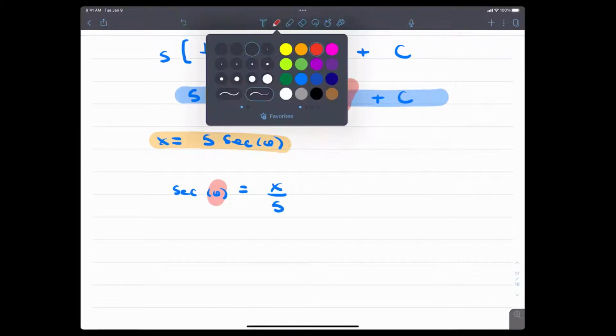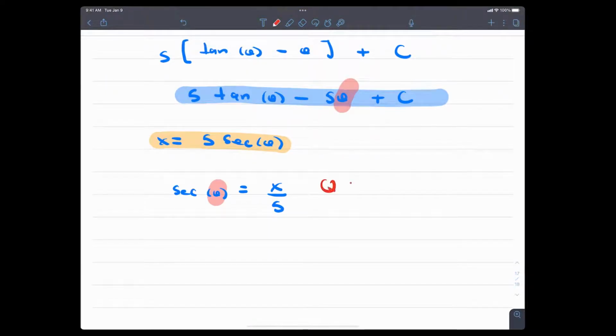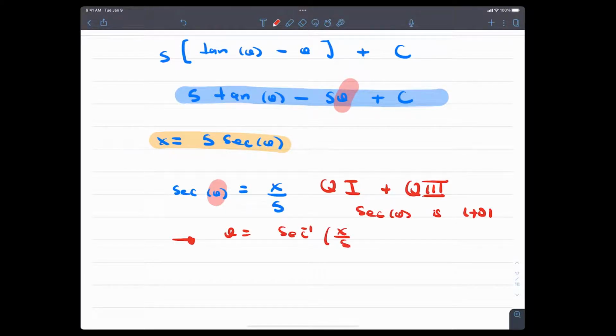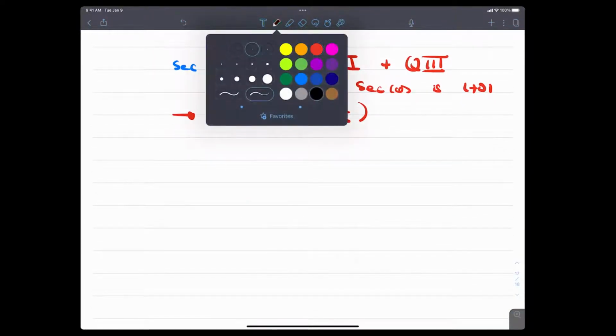Is that right? So I got to think, is it 1 to 1? I believe it is. So secant is 1 to 1, so that means theta will be inverse secant of x over 5. Do you guys know what I'm talking about?